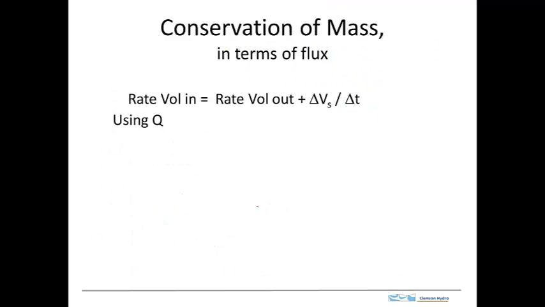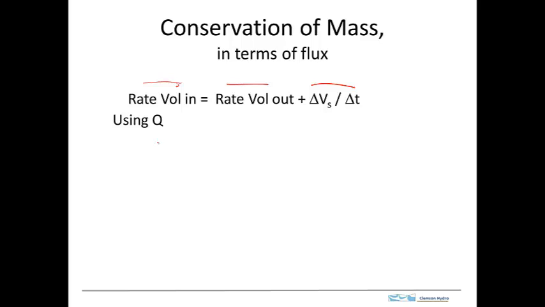Okay, so what we want to do now is take a look at how the conservation of mass can be written in terms of the flux. And what we saw a couple of slides ago is that if the density is constant, then we can think of conservation of mass as a conservation of volume. So we've got a volumetric rate in equals volumetric rate out plus the change of volume stored within our control volume.